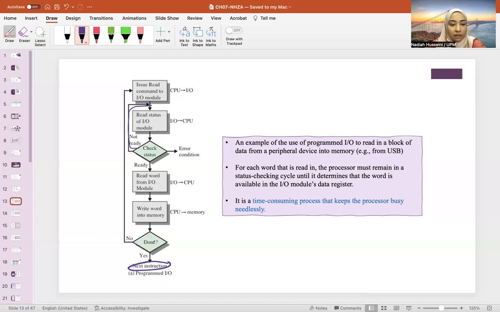If it is not done, you would issue the read command, and the same process happens again. If it is ready to read, then you would go for this. If it is not, then you would basically be looping around here. Not good. So that is the disadvantage, but it is very straightforward. That is the pro, but the disadvantage is that it wastes the processor's time and is very time consuming.